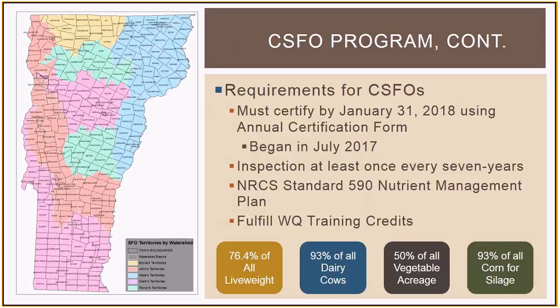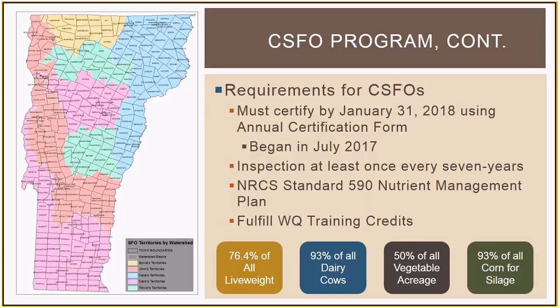All CSFOs now need to have an NRCS 590 standard nutrient management plan, which is required of MFOs and LFOs as well. These plans are complex and take a lot of time to compile. They contain a lot of information about the farm, about record keeping, from manure applications to information about your crop yields and soil health.